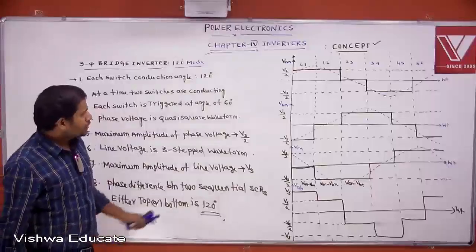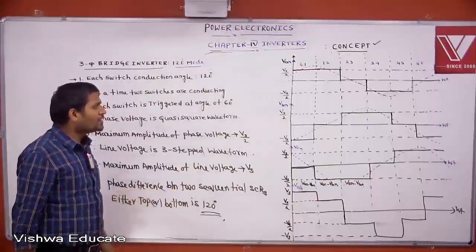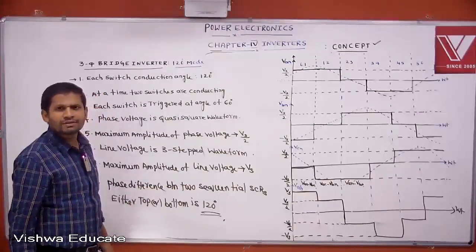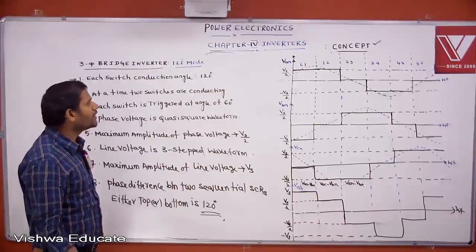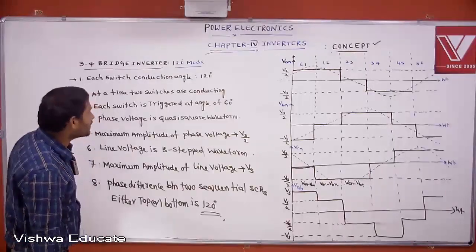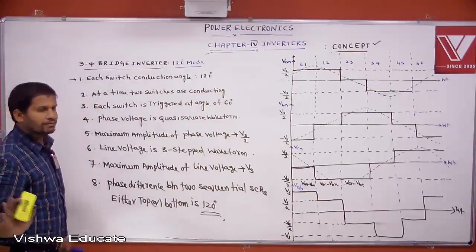Now we want to do the analysis of line and phase voltages. What is the analysis of line and phase voltages in 120 degree mode? You concentrate. Clear? Understand?